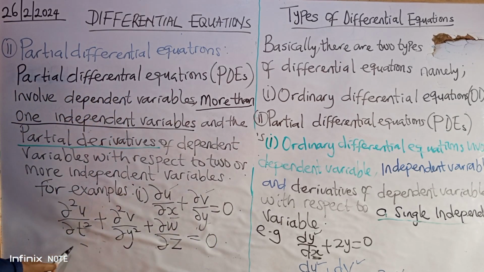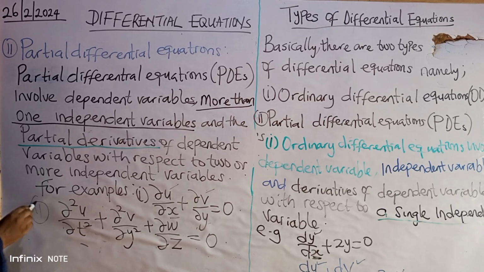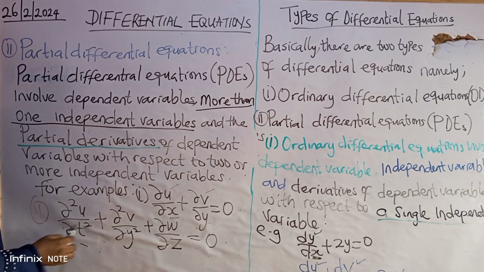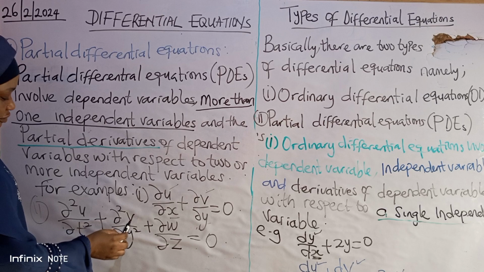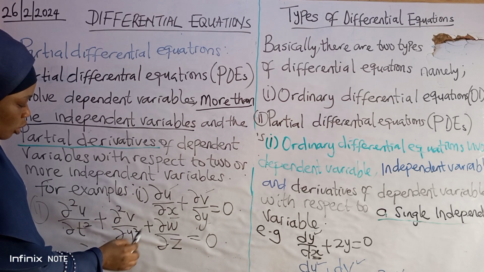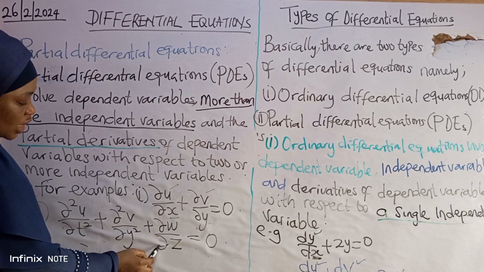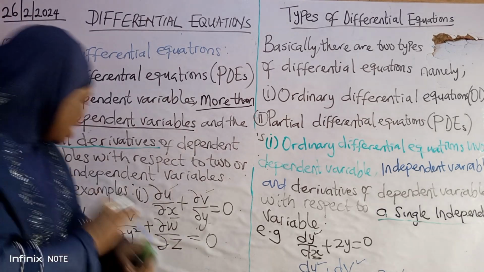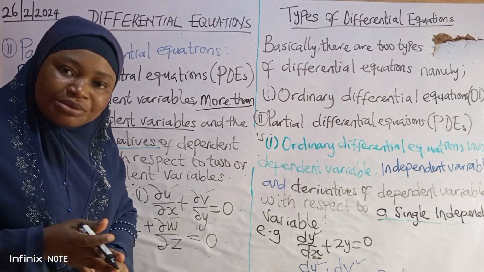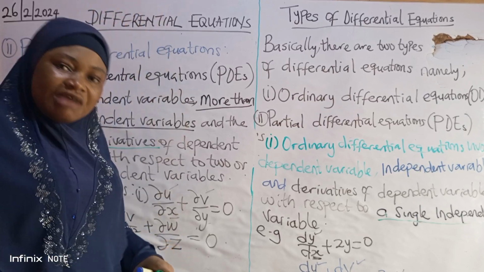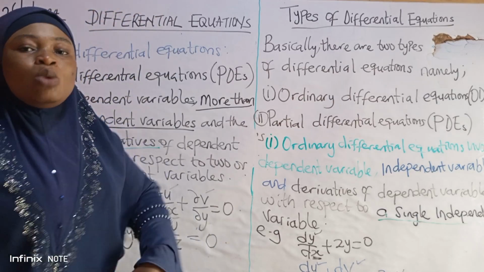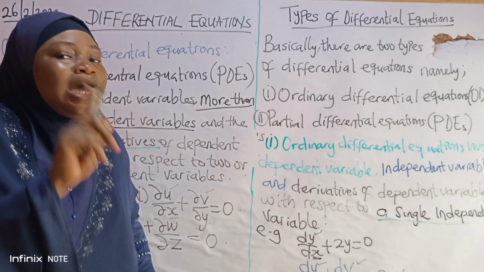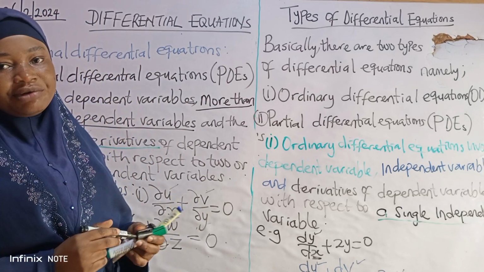Then look at this one also, example 2. So we have ∂²u/∂t² plus ∂²v/∂y² plus ∂w/∂z is equal to 0. So here you can have as many dependent variables as you like, with partial derivatives of those dependent variables with respect to more than one independent variable.